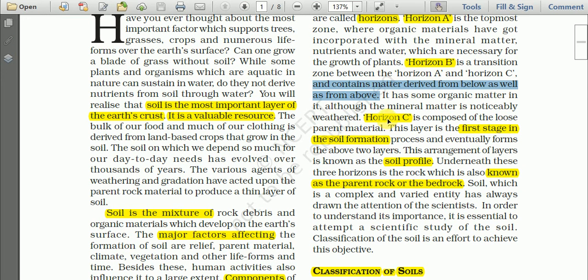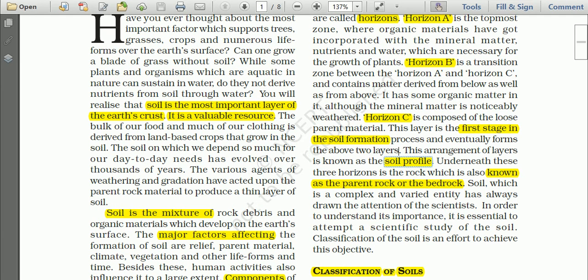Horizon C is composed of loose parent material. It is composed of rock fragments. Loose parent material, that is big rock fragments, and this layer is the first stage in the soil formation process and eventually forms above the two layers.